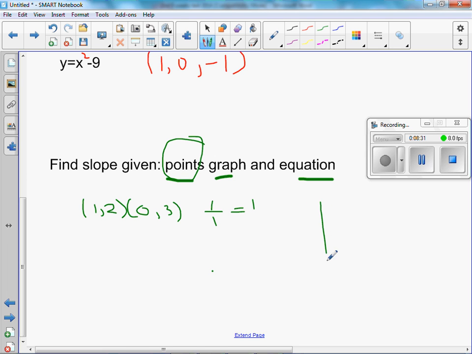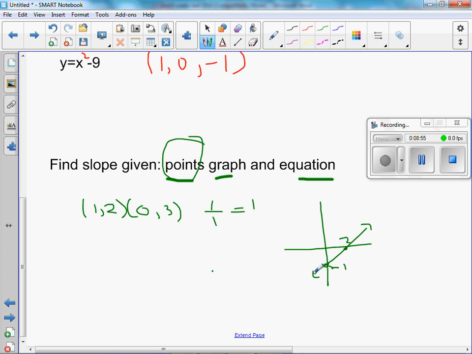Now, find the slope when you have a graph. This is not straight, but you have lots of samples. Let's say it's like this, and this is negative 1, and this is 2 right there. What is the slope? Rise over run. So I would go up 1 and over 2.